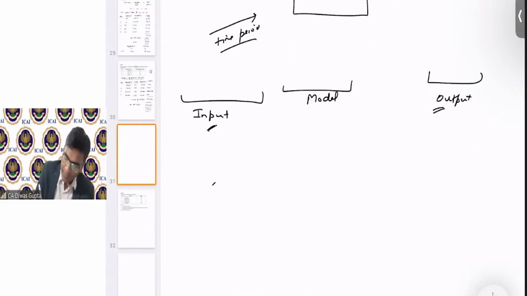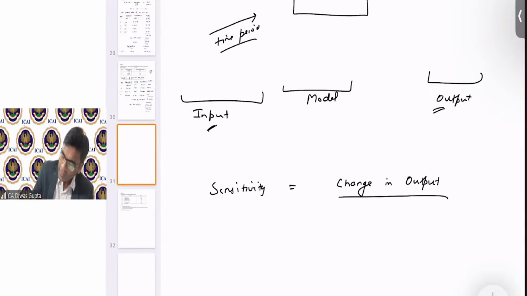So let me first write: change in output divided by change in input. And here we take one input change at a time.